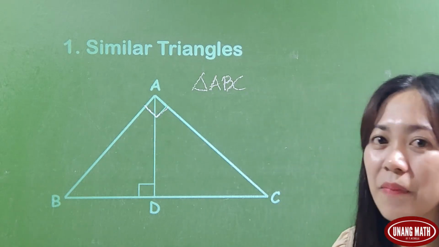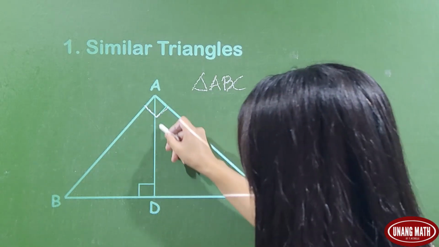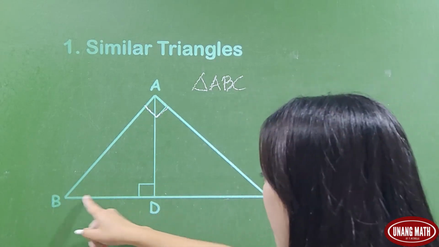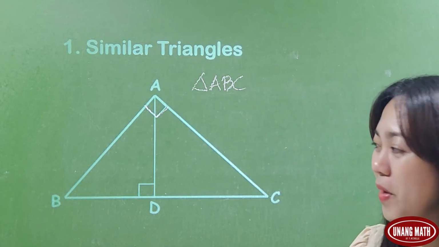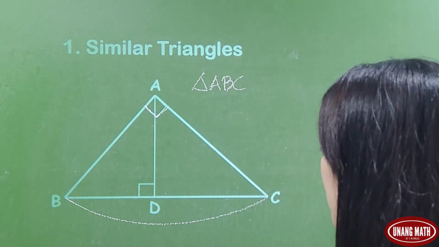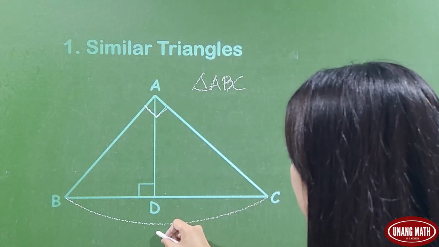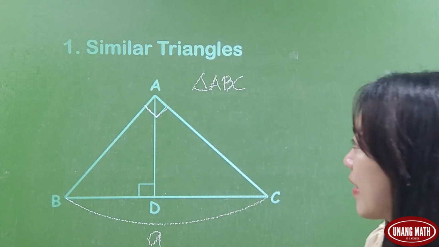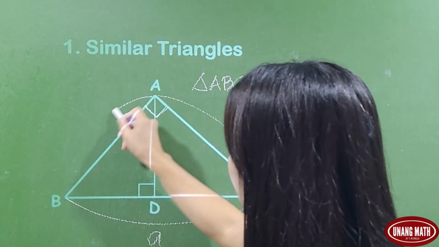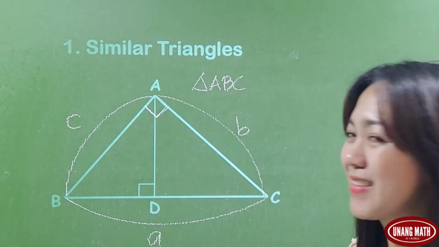So the hypotenuse is the opposite side, segment BC. To make it simpler, let's name this hypotenuse, segment BC, as a. This side we will name b, and this is c.